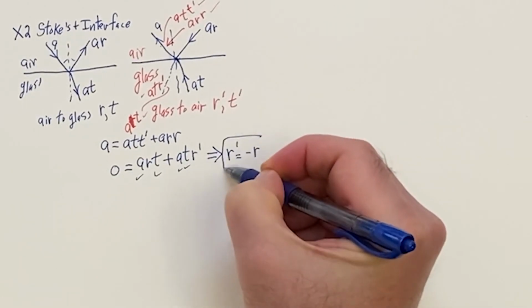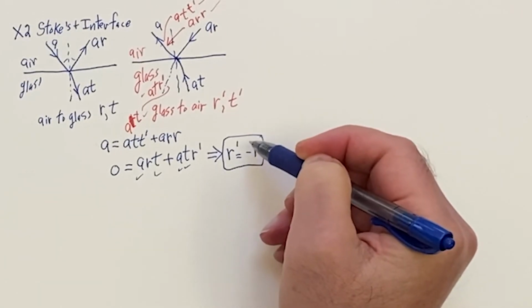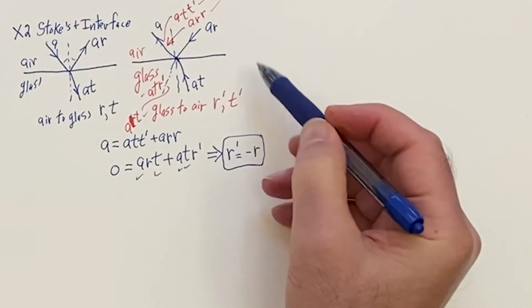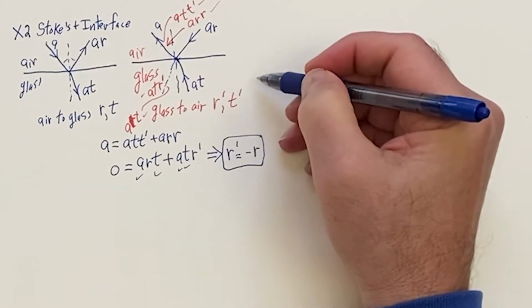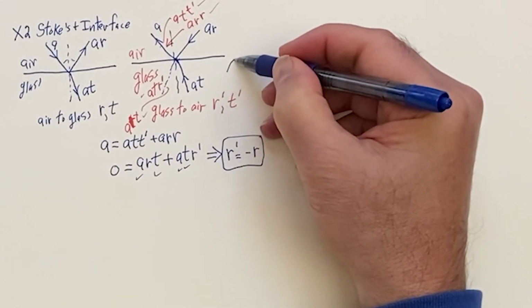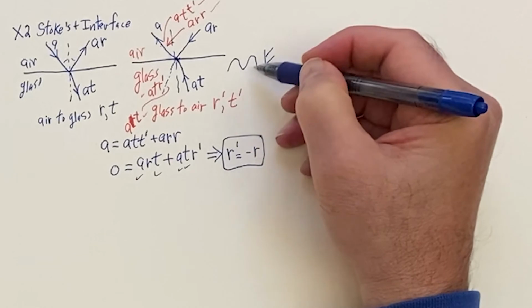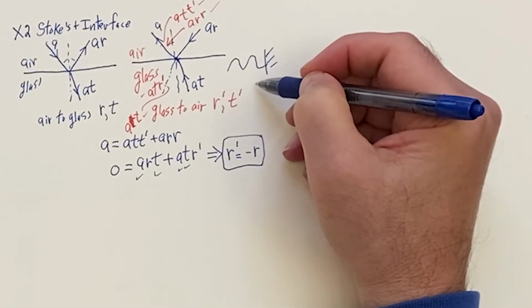That is a very cool result. And that kind of makes sense from the point of view that if you have a rope and you hit a brick wall, then it reflects back with a flip. You know, it flips over.